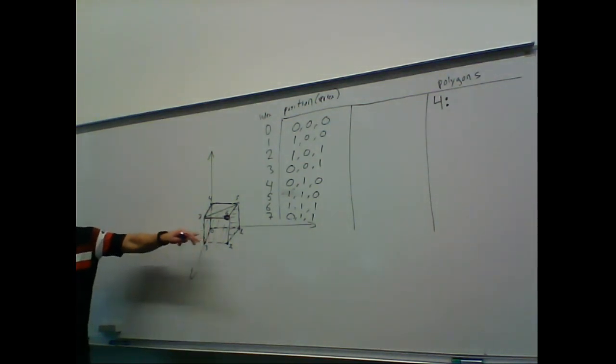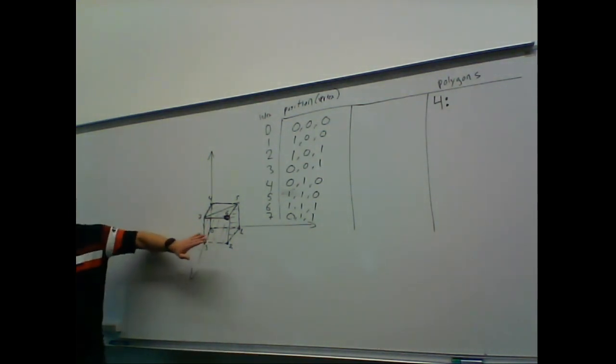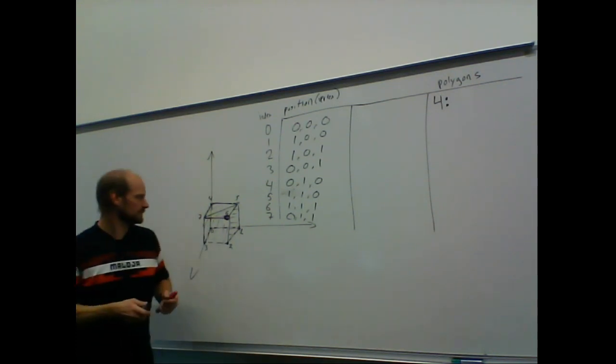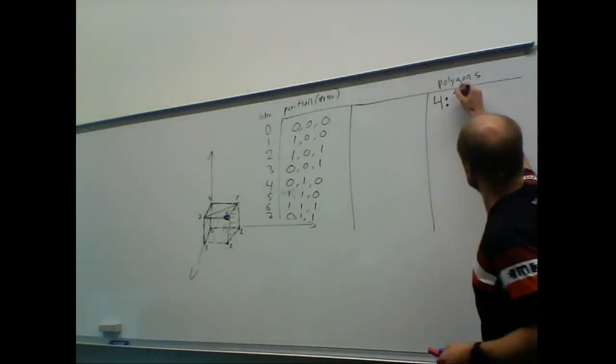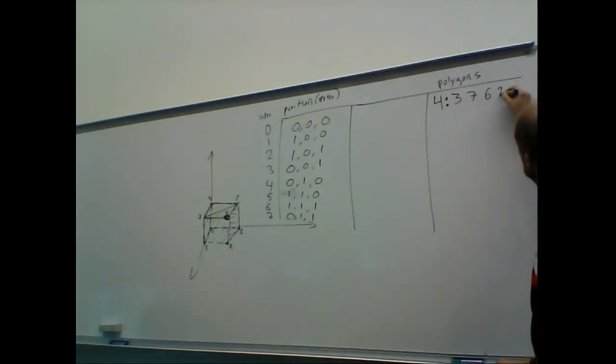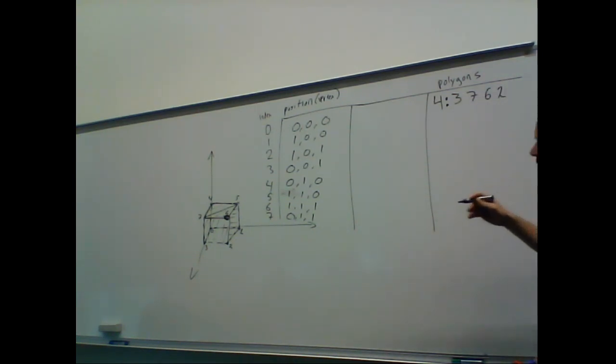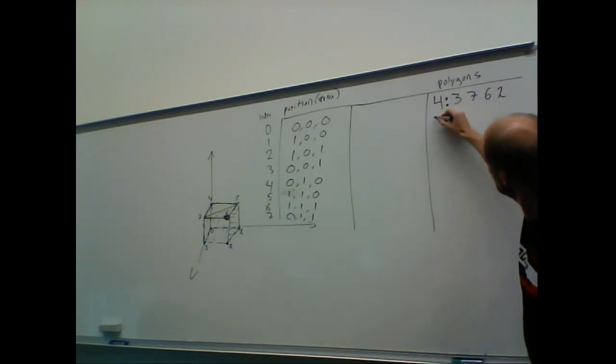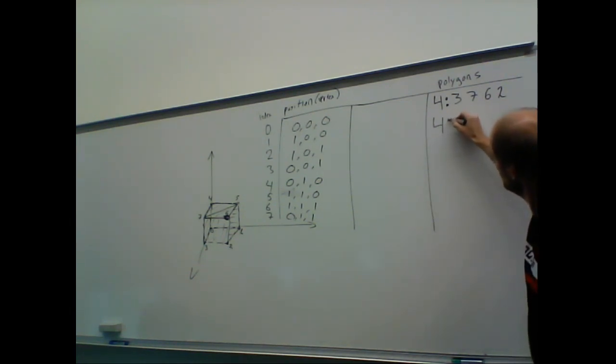So I can say the first polygon I'm going to draw, let's say I'm going to draw the front here. I'm going to draw the vertices in this order: vertex number 3, vertex number 7, vertex number 6, and vertex number 2. So that's my first polygon. That's the front face. Next polygon.